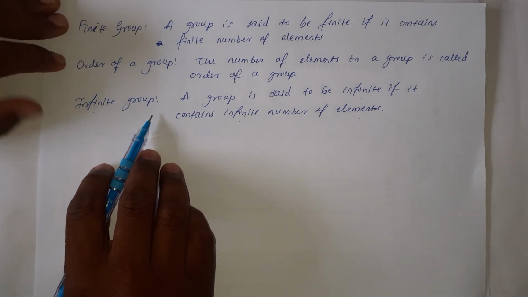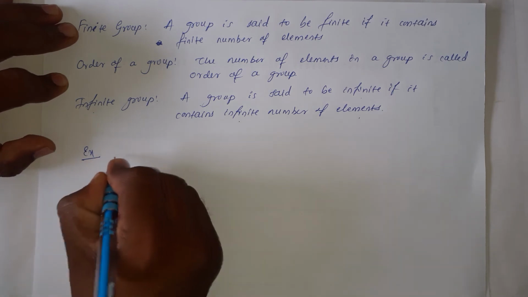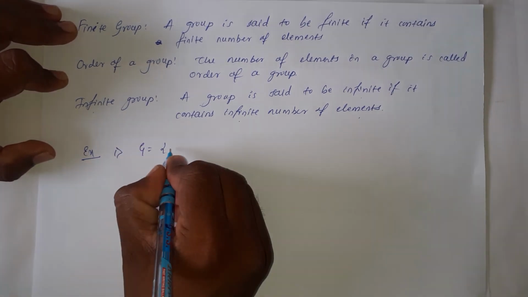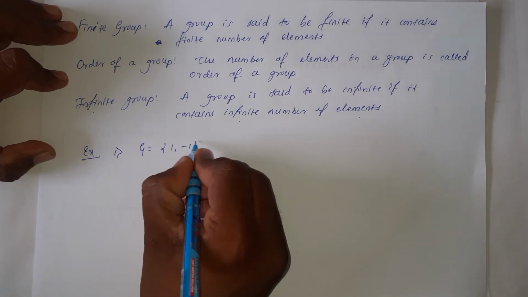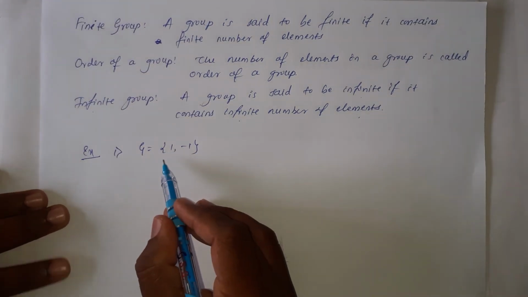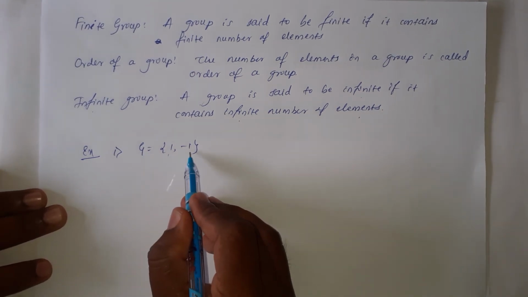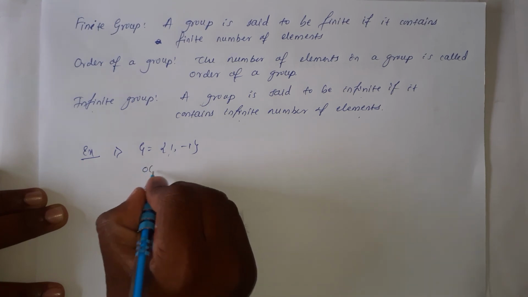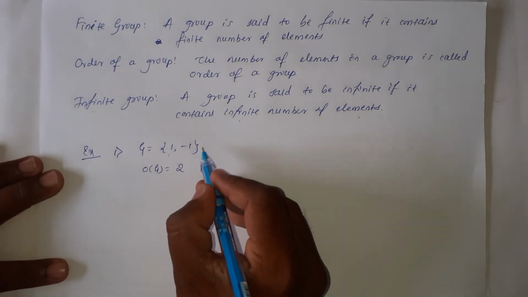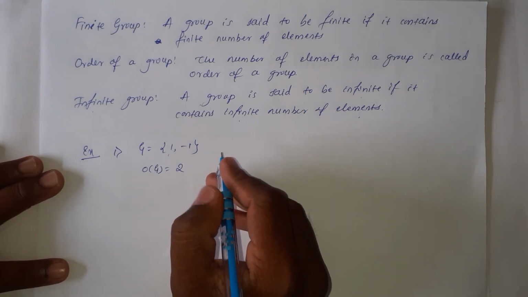Now, let us consider some standard examples of groups. Examples. The first one is G is equal to the set {1, minus 1}. So, here the number of elements in this set are 2, so we can write that order of G is equal to 2, and this set is a group under multiplication.